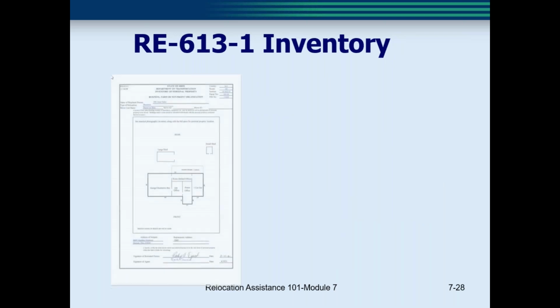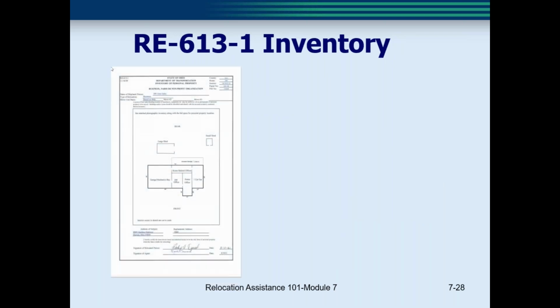When a displaced person chooses an actual cost move, it can either be by the contract move or by the different self moves we just talked about. The agency must obtain or create an inventory, and this inventory goes on ODOT's Form 6113-1.